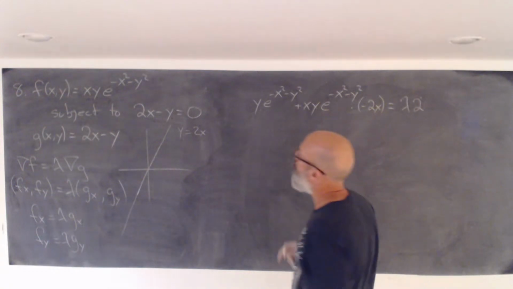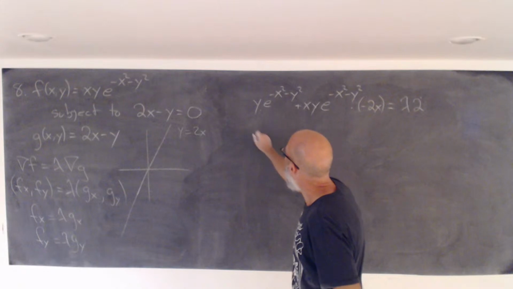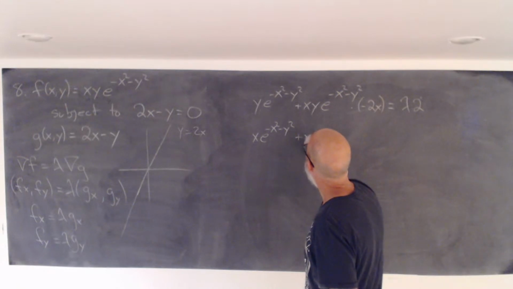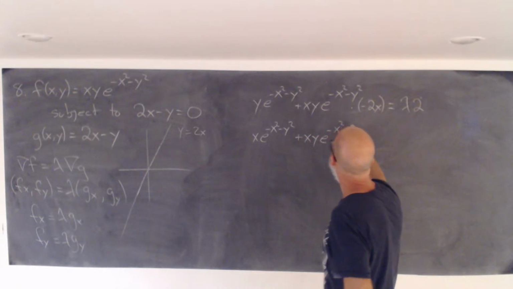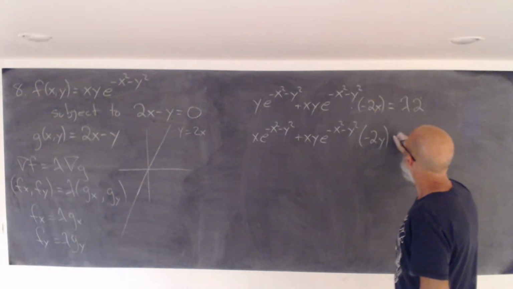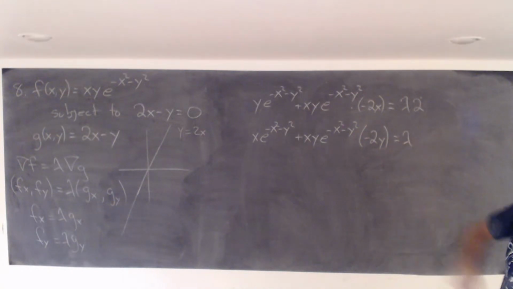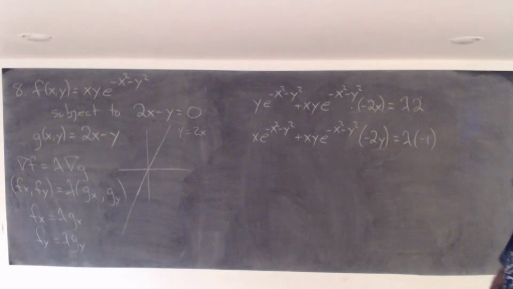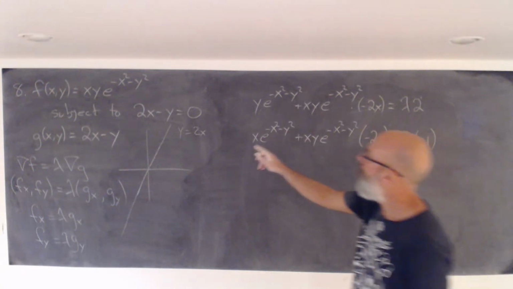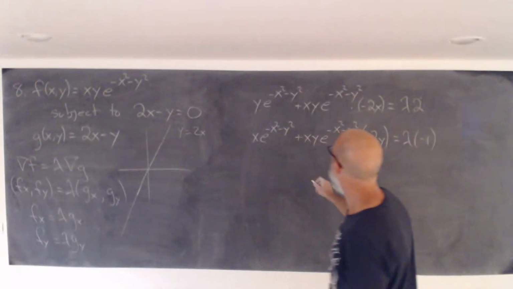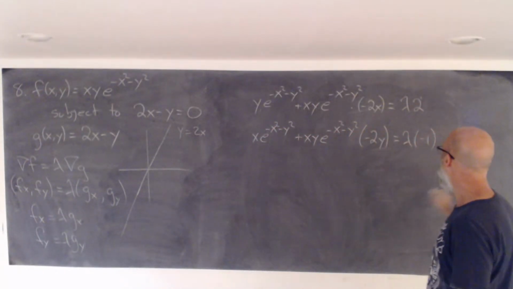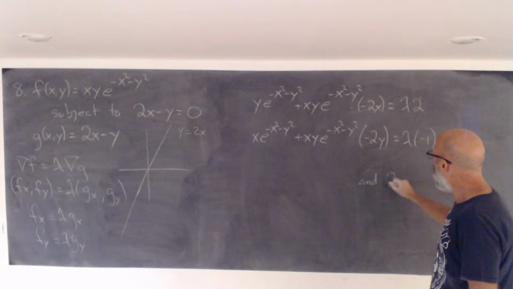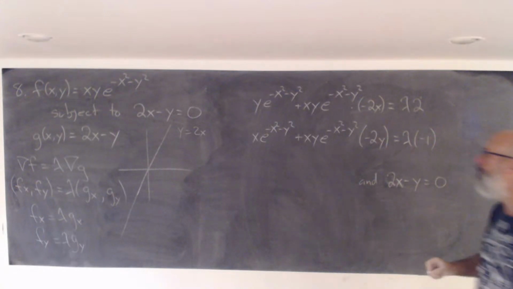Same thing when you differentiate with respect to y: x times the exponential and so on, and that should be equal to lambda gy, which is negative 1. Along with 2x minus y equal to 0.